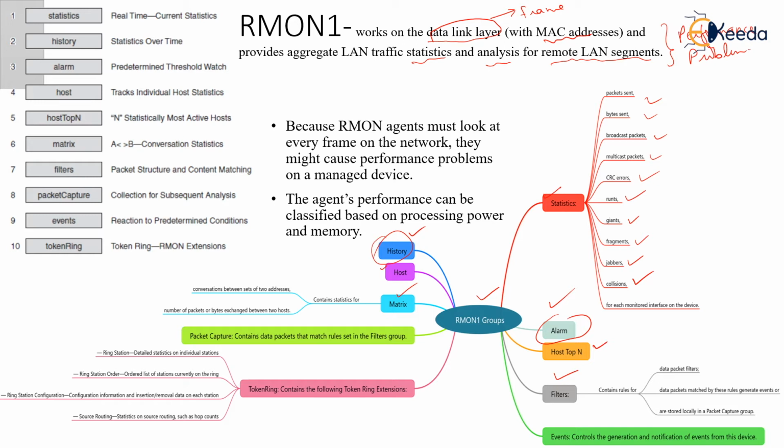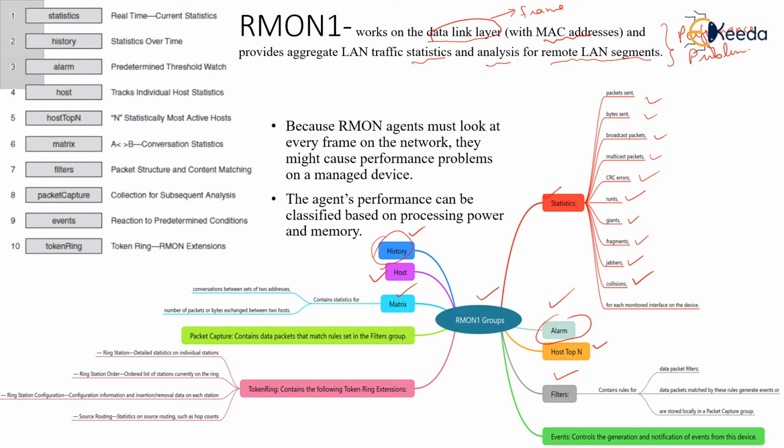It is like, if you want to perform a particular operation and check for alerts, you need to set a particular threshold value. On the basis of this threshold value, if it is crossed, then automatically it will give a signal through an alarm. Next is host.